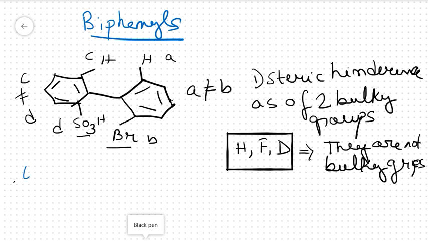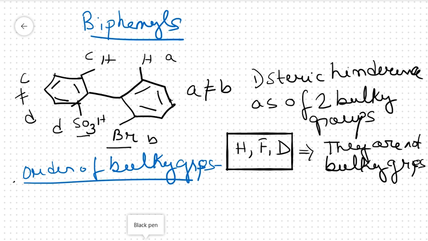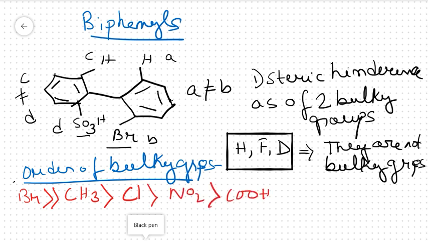So the order of bulky groups is: bromine, greater than methyl, chlorine, NO2, COOH and SO3H.